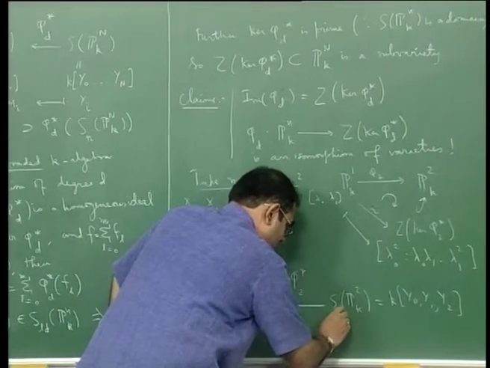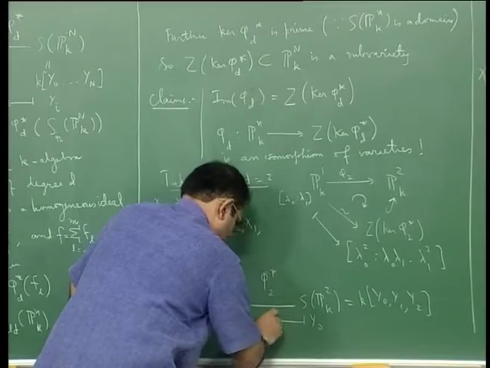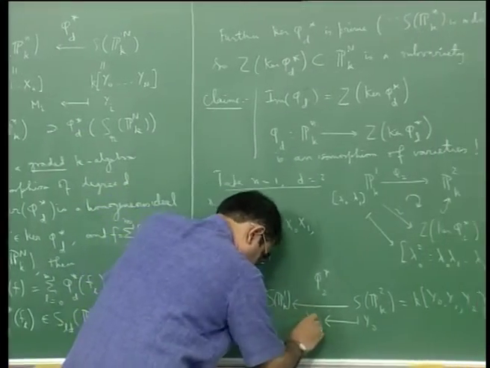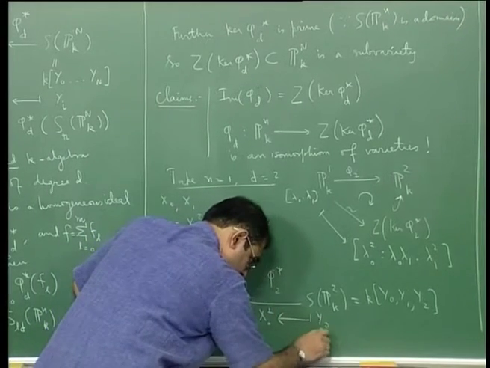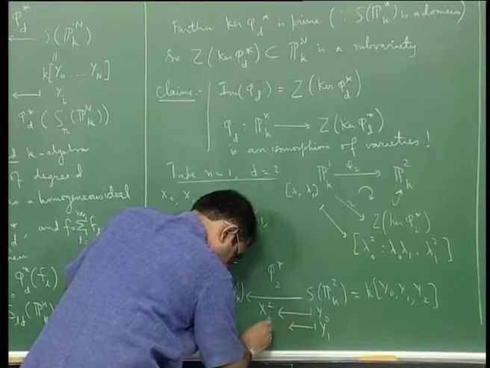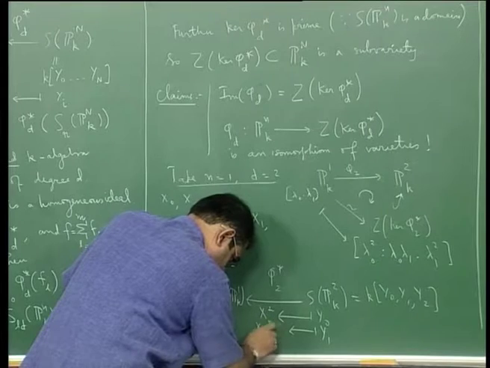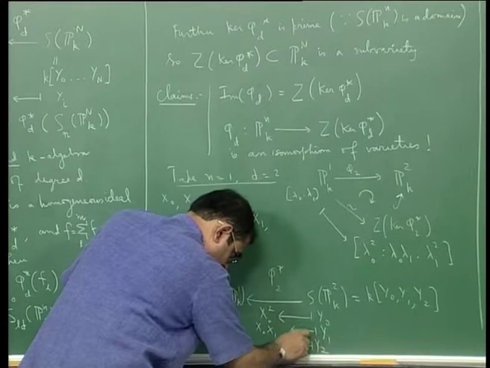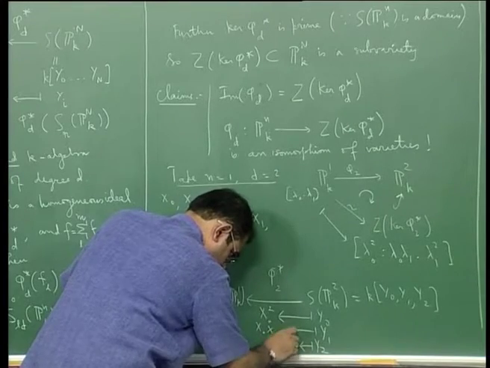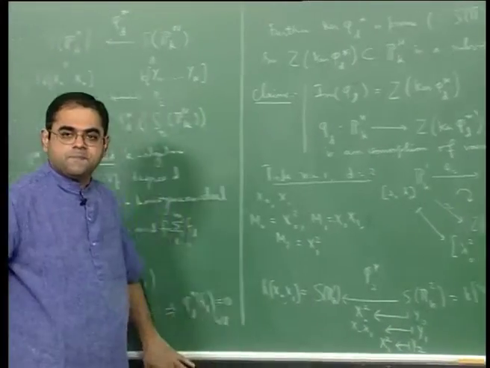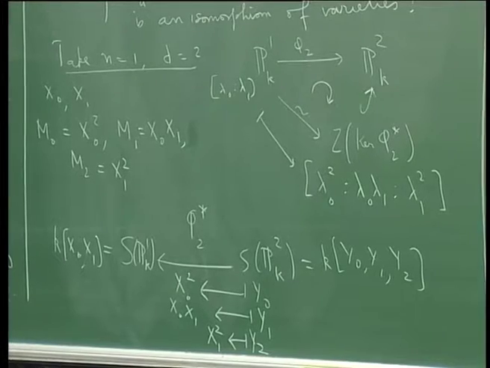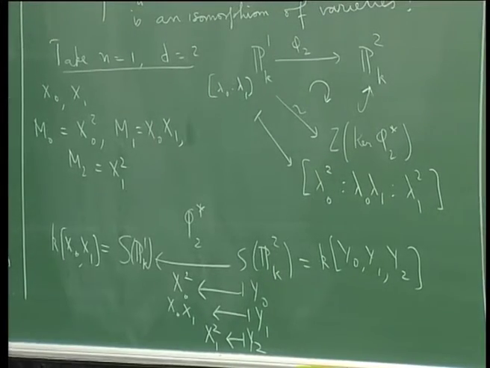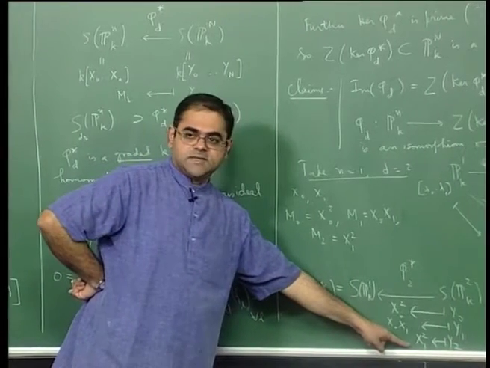According to this definition, you send y0 to m0, which is x0 squared, y1 goes to x0 x1, and y2 goes to x1 squared. Are you able to see that?